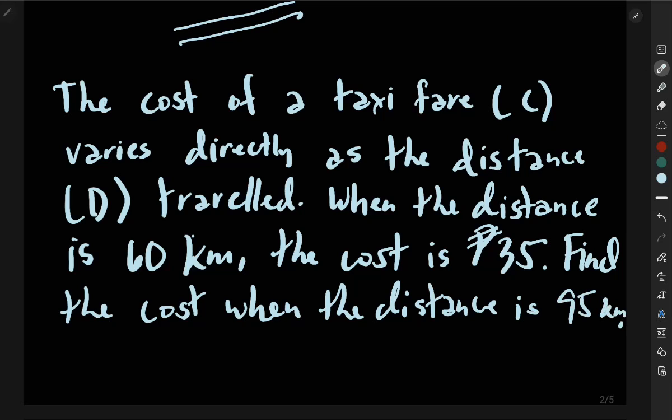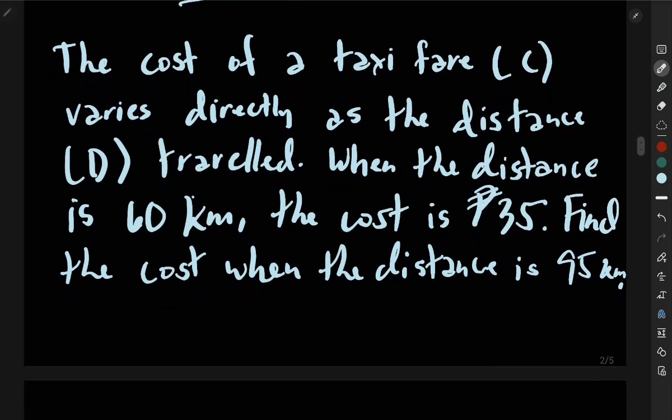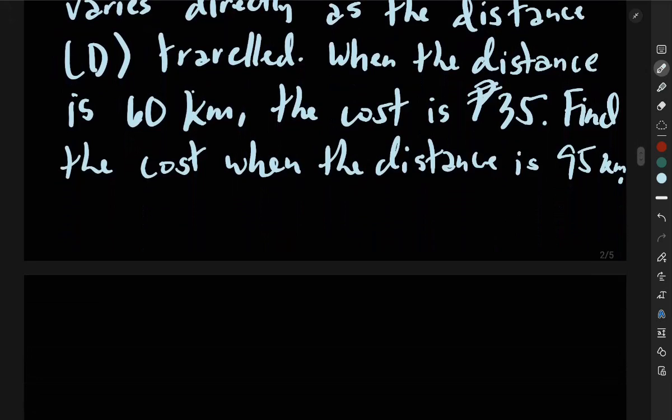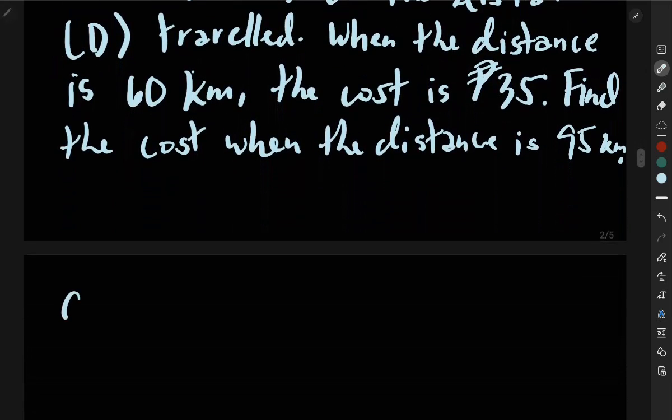All right, so we're gonna solve this. The cost of a taxi fare, we'll name it C, varies directly as the distance D traveled. When the distance is 60 kilometers, the cost is 35 pesos. Find the cost when the distance is 95 kilometers. We're gonna write it this way: C equals KD.